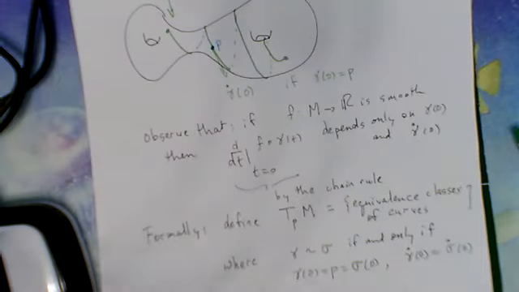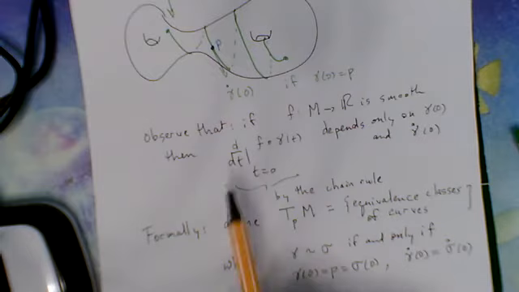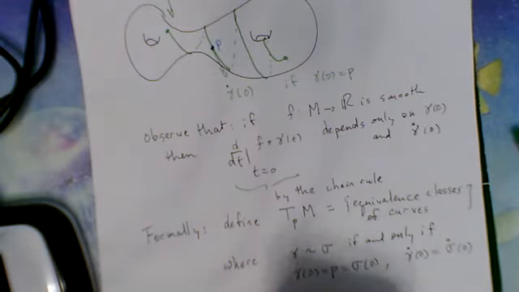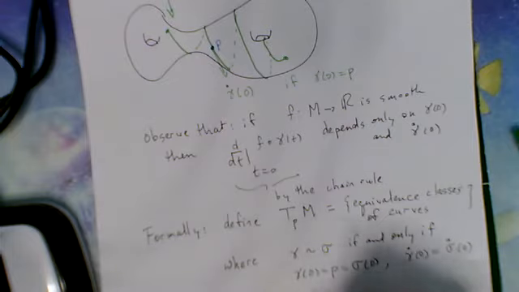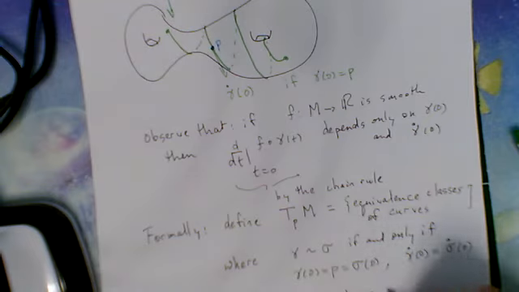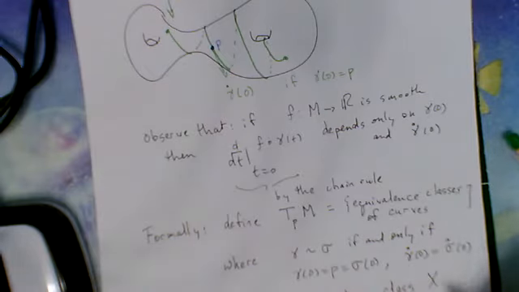So this basically gives you a way to measure tangent vectors, and you should think of this derivative. We can call this equivalence class X based at the point P. So this is some equivalence class of curves.